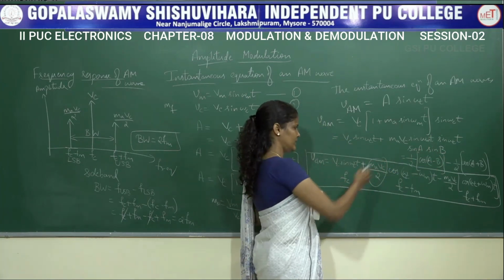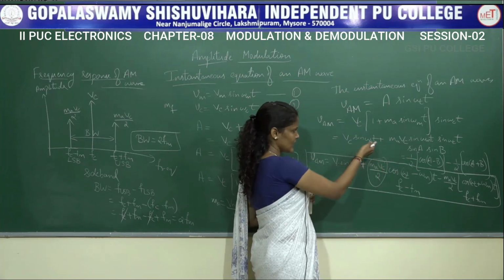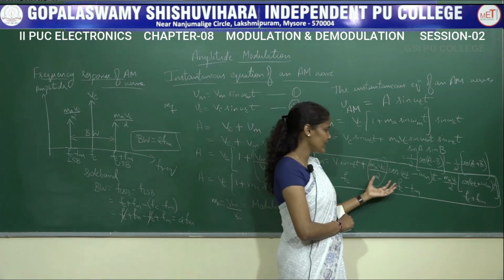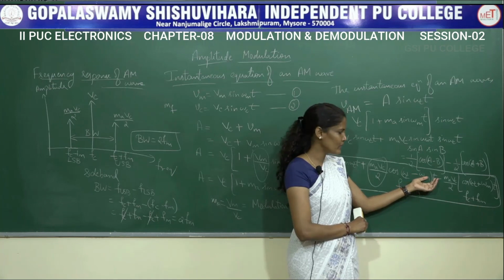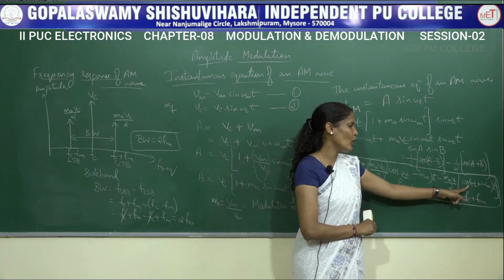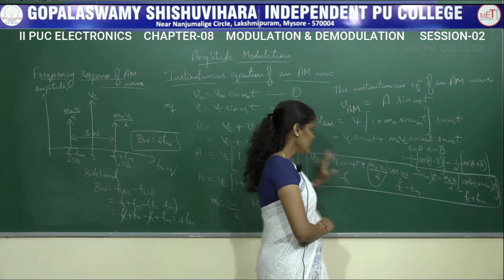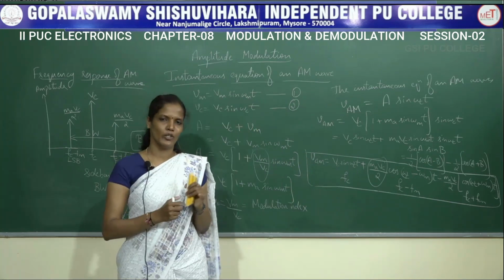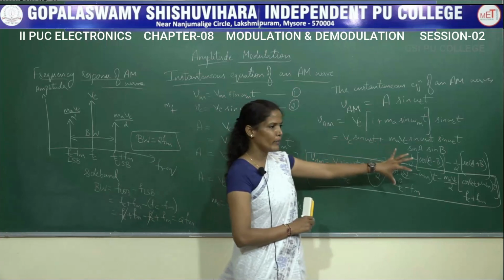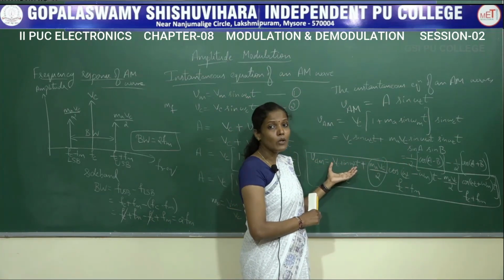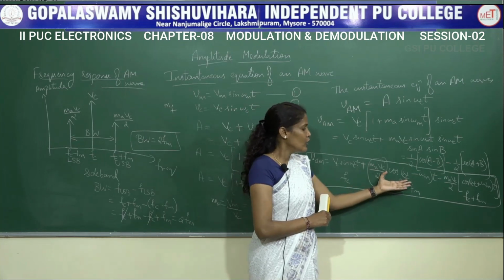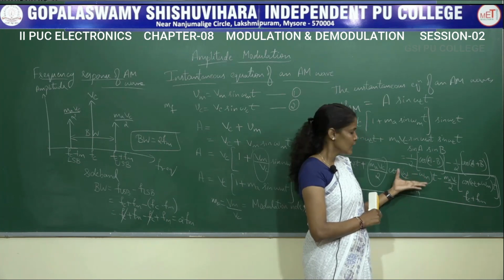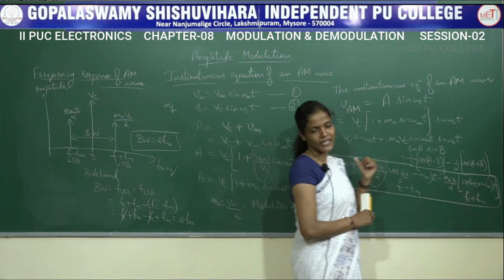If I substitute that particular expression in this equation, we will be left with Vc sin omega Ct plus MAVc by 2 cos (omega C minus omega m) t minus MAVc by 2 cos (omega C plus omega m) t, which is the final expression for the instantaneous equation of an amplitude modulated wave. It contains 3 different components: the unmodulated carrier signal component, the lower sideband component, and the upper sideband component. We call it the lower sideband because it has omega C minus omega m.